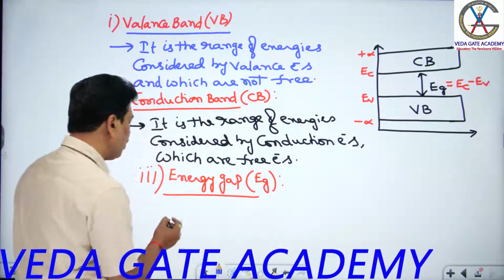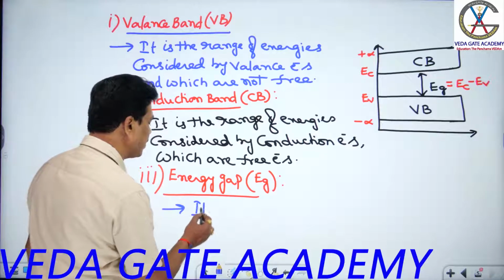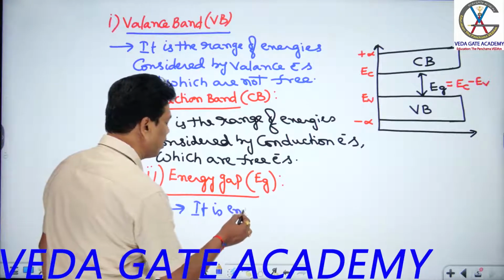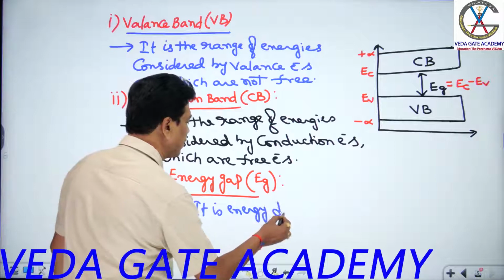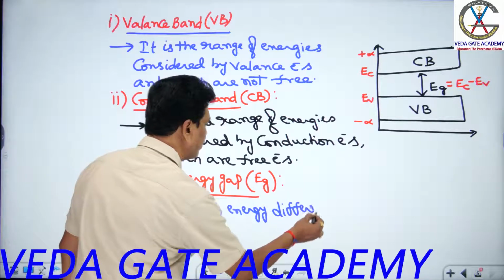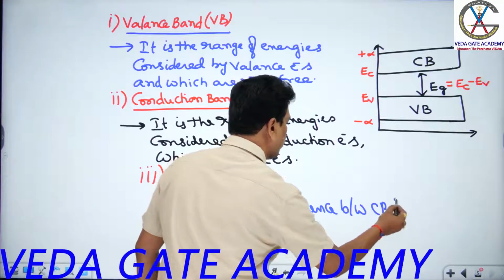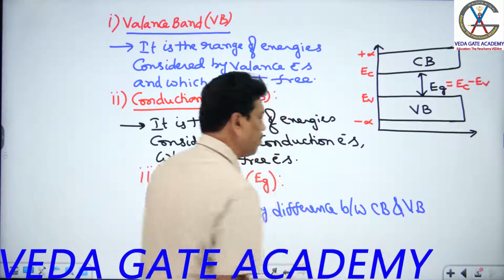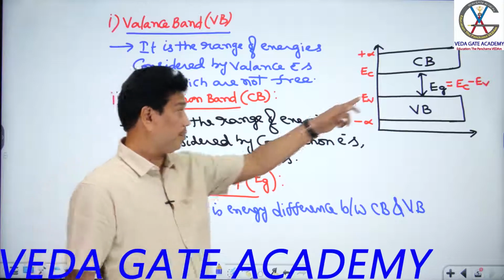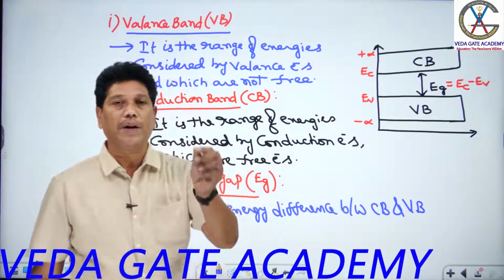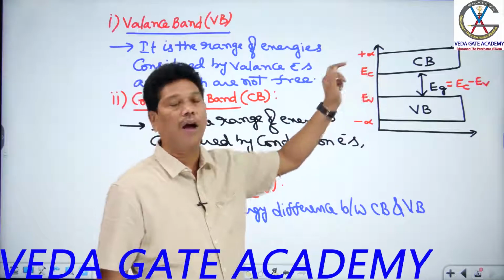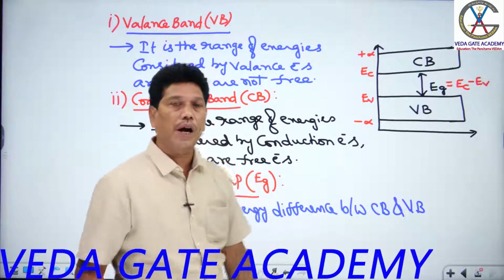Okay, what I told you: it is the energy difference between the conduction band and the valence band. It always represents the minimum energy required by an electron to become free on jumping from the valence to the conduction band.